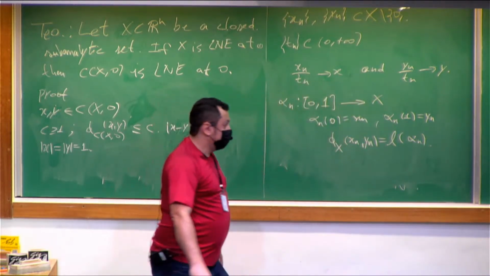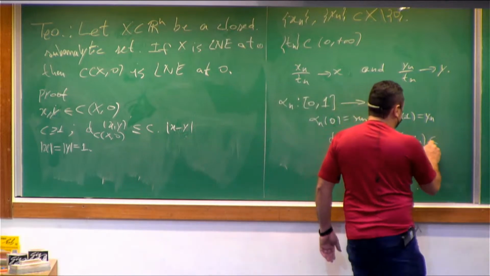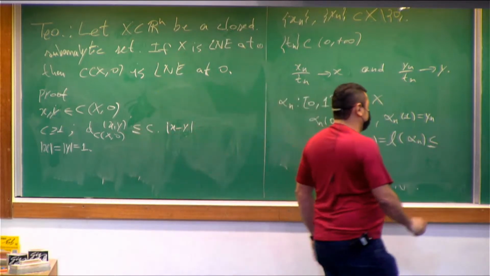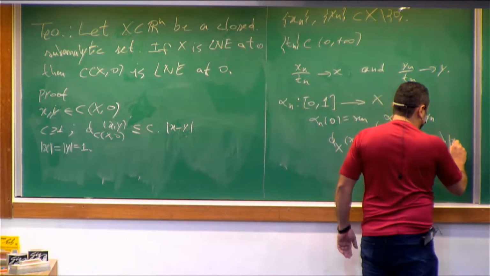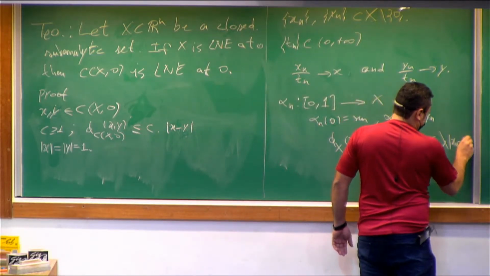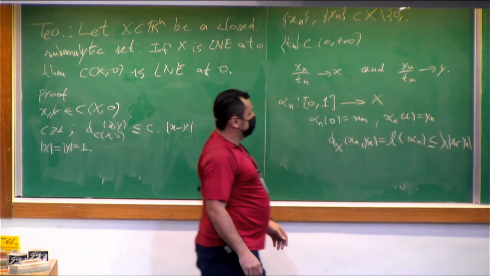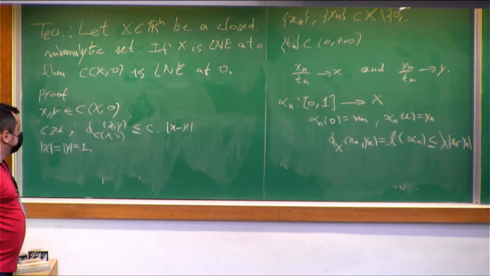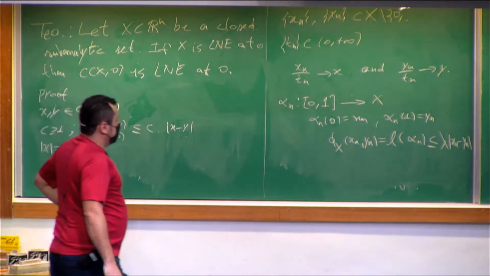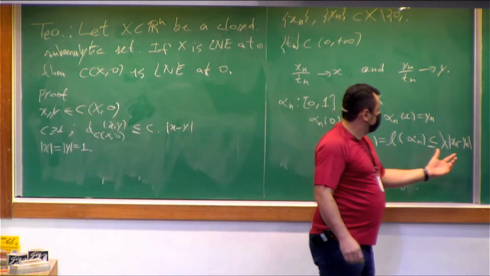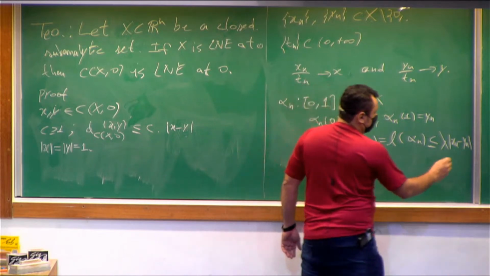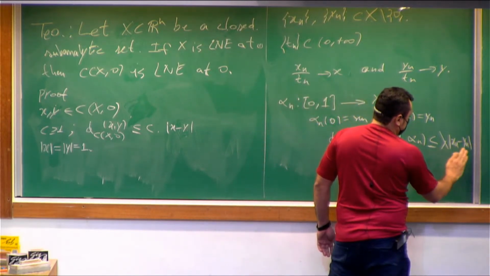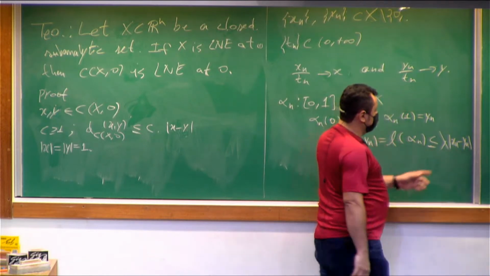Okay, and by assumption, we are assuming that X is LNE, so there is some constant, let me say lambda, so that this length is less than lambda times the norm of x_n minus y_n. And I know that when you divide by t_n, this goes to the norm of x minus y.